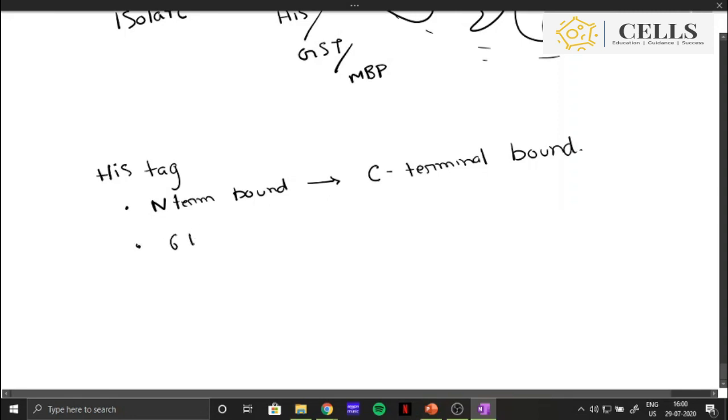Generally we use 6 histidine tags before the protein of interest.